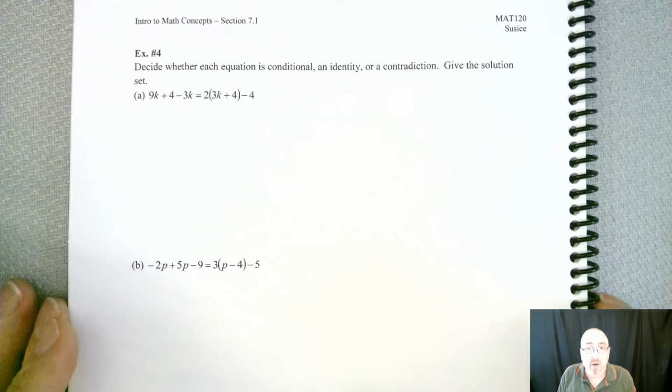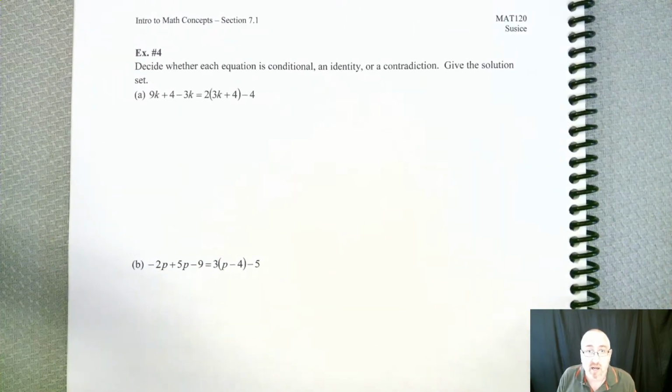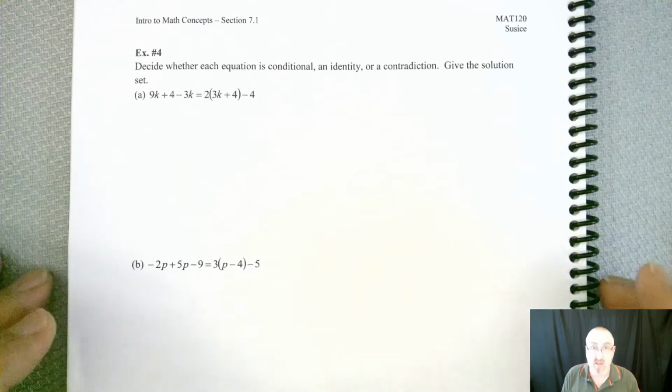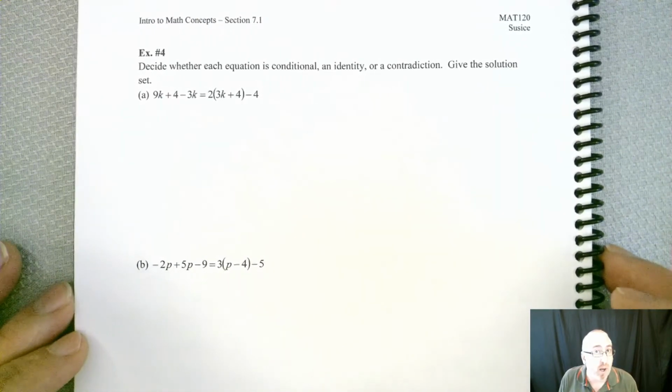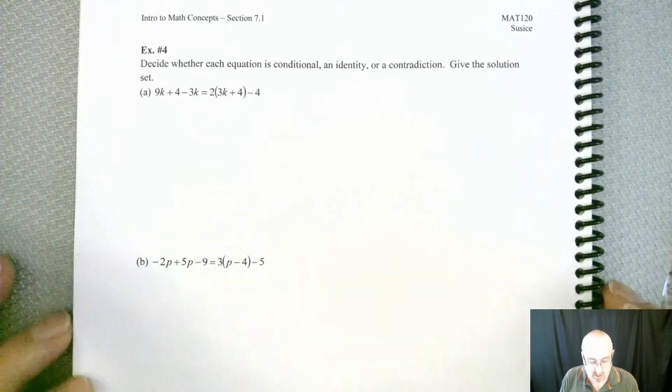Decide whether each equation is a conditional, an identity, or a contradiction. Give the solution set. All right, so it looks like a normal equation. So what are we going to do? Well, we're going to try to solve it. That's all you can do, is try to solve it and see what happens. When you try to solve it, you're going to see something fishy going on when it's one of those other two cases.